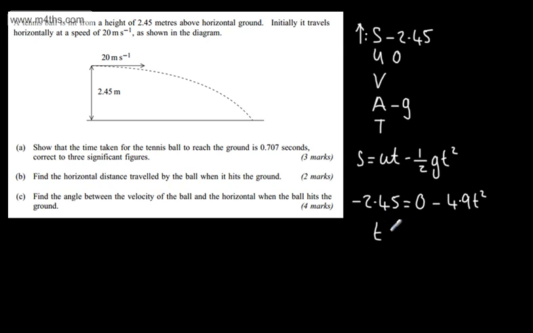So we can say that t will be equal to plus or minus the square root, dividing both sides by negative 4.9, of 2.45 over 4.9. Clearly it's going to be the positive value as it's time, and we can show that in the calculator.